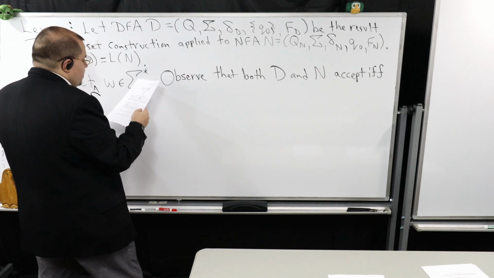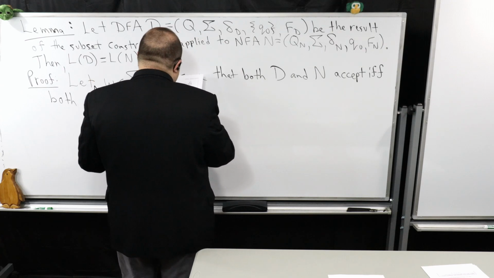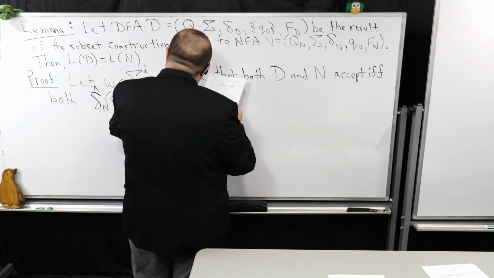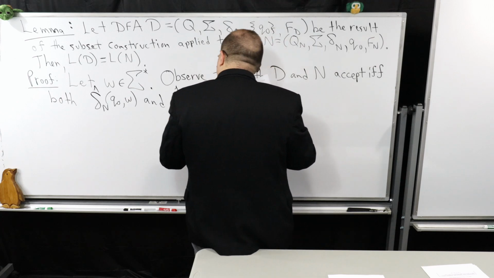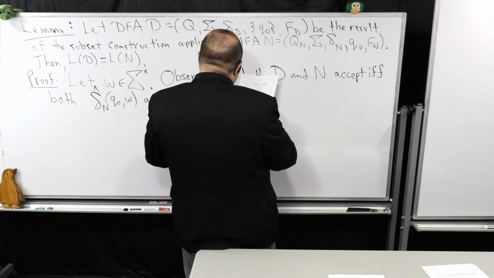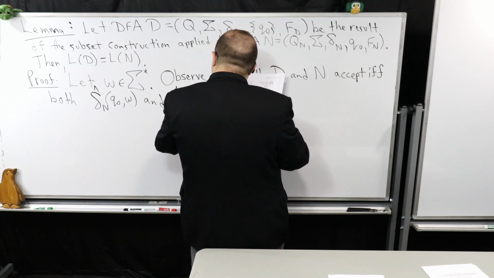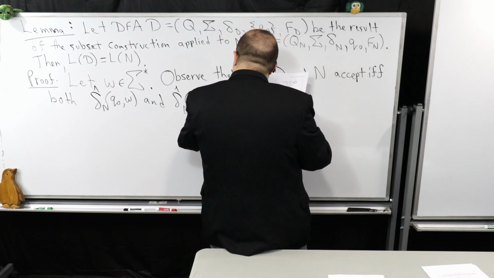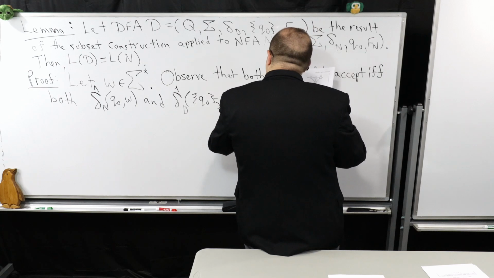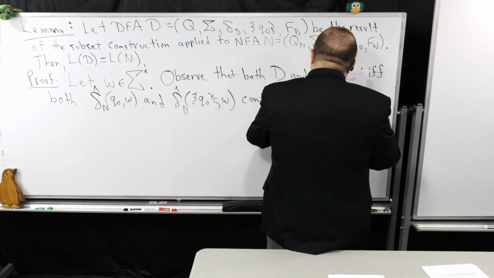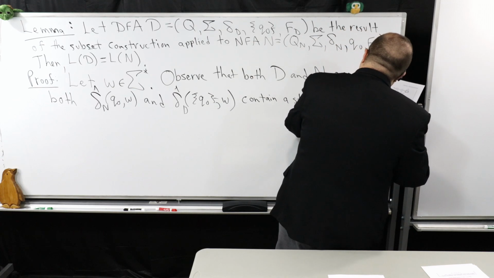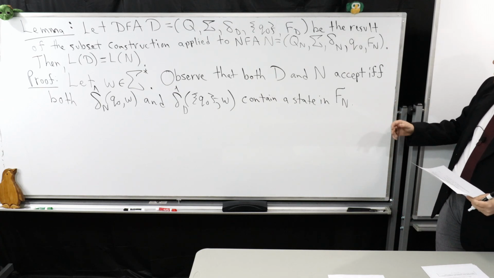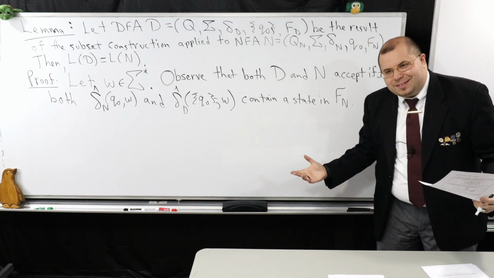delta hat for the NFA, I'll call it delta hat N of q0, W, and delta hat D, this is the extended transition function of the DFA, delta D, of q0, given, remember this is the label for a state, W, contain a state in the set of final states of N. So remember, in the DFA, we have a whole bunch of labels for a whole bunch of subsets, right?